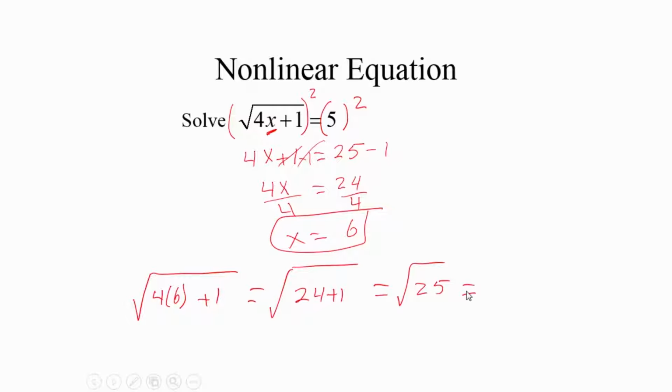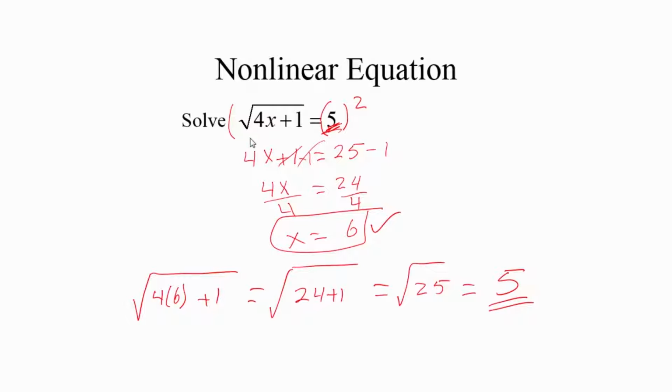What is the square root of 25? It is equal to 5, and that's what we had. So this actually does make the left-hand side equal to the right-hand side. So the answer is x equals 6. That's the correct answer.